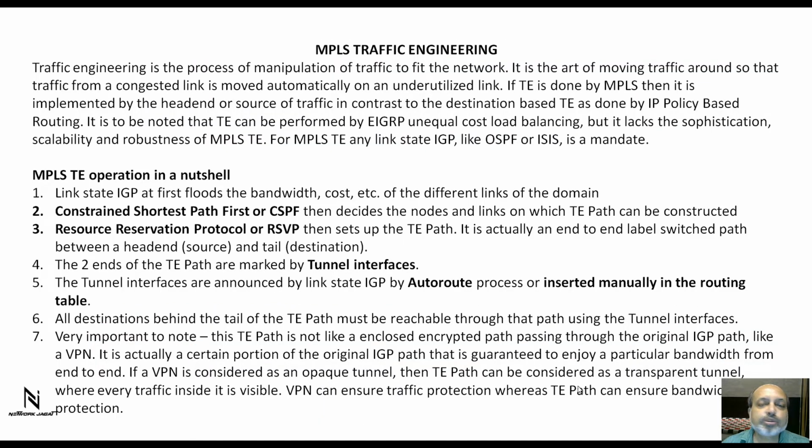Very important to note. This TE path, in fact, I was just discussing it a little while ago. Once again, I read this paragraph. This TE path is not like an enclosed encrypted path passing through the original IGP path like a VPN. What happens in case of a VPN?